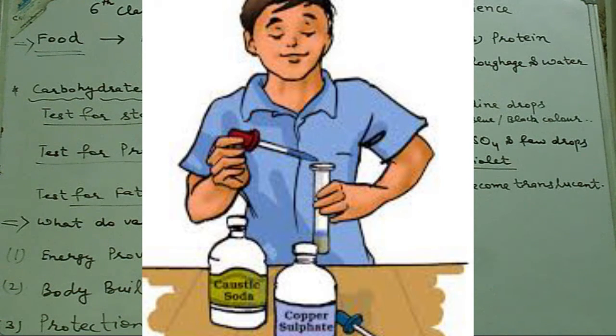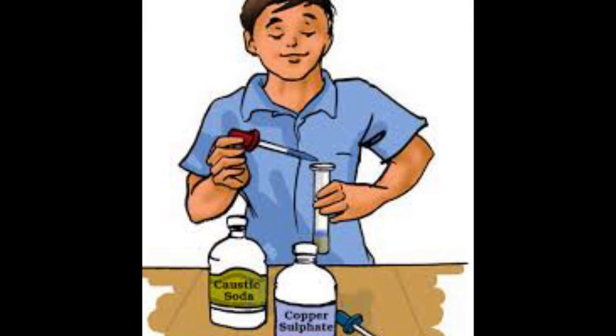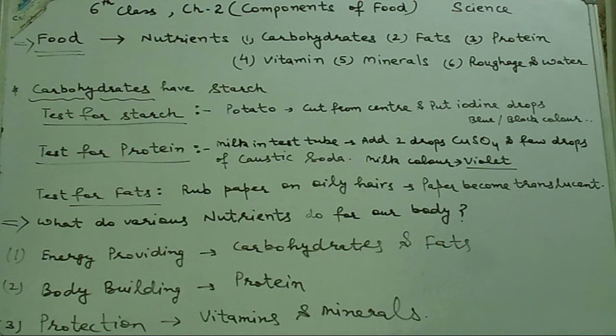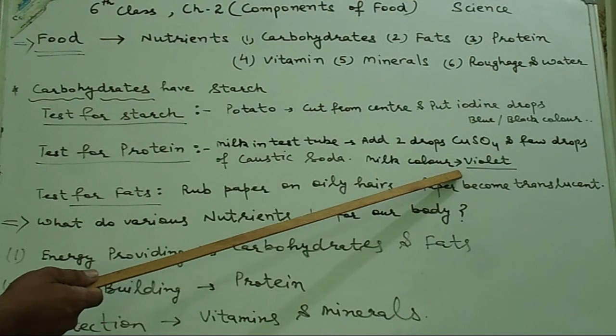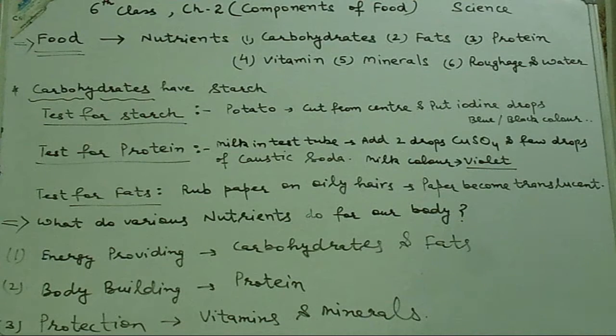What we observe is that the color of the milk, which was white initially, changes to violet, and this violet color indicates that the milk contains protein. Similarly we can perform the same experiment with other food items, and if violet color appears in a particular food item, we can decide that it contains protein.